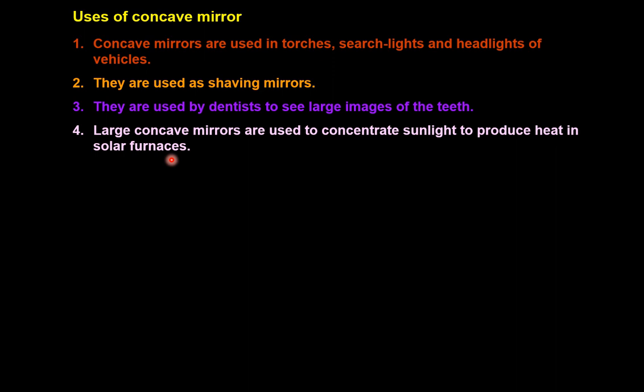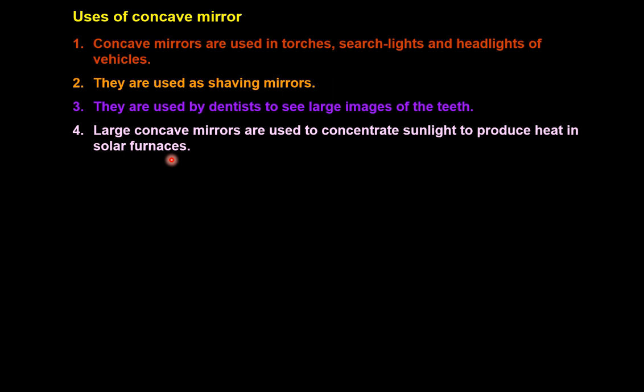Whenever the light rays are coming from infinity, they will be straight and parallel, so after reflection, this light will get concentrated at a given point because of this concave mirror. So this is just the first situation. Whenever the light rays are coming straight, parallel with each other, then after reflection they will produce the image at principal focus.